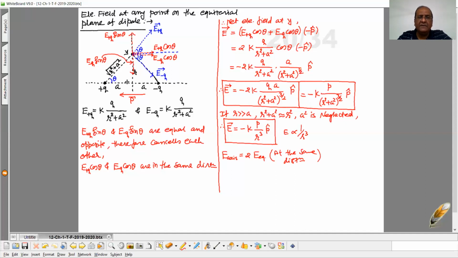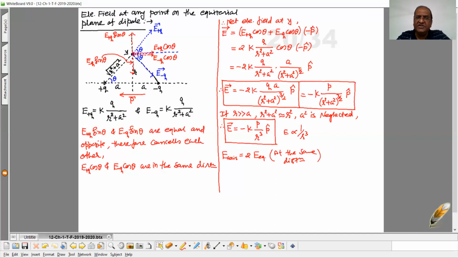Now see here, from the center of the dipole the plus charge is at a distance a, and the negative charge, minus q, is also at distance a. Then center to Y is r.